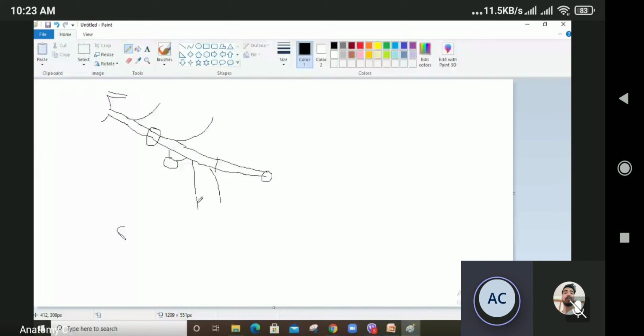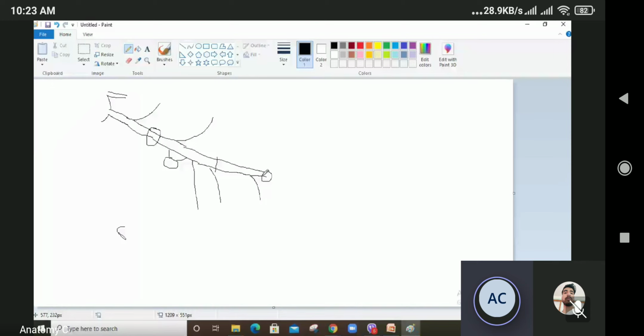Now, what are the branches that will arise from the infraorbital part? From here, one branch will arise. This is known as the anterior superior alveolar nerve. So we have the anterior, middle, and posterior superior alveolar nerves.